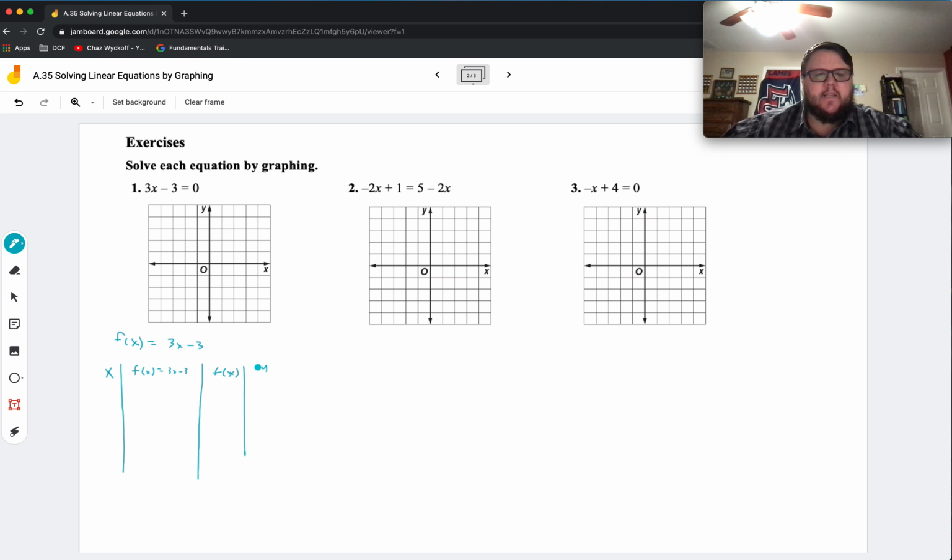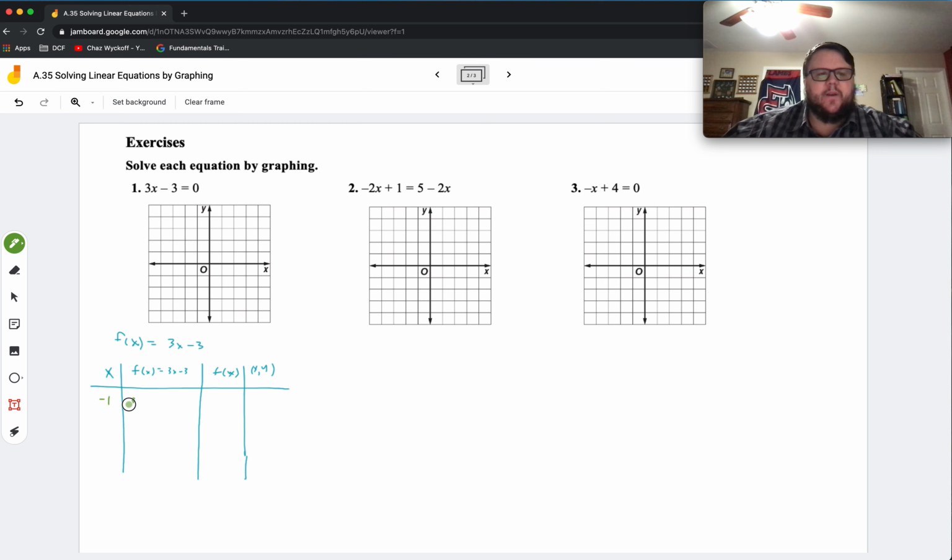That's our x comma y. That's our coordinate point. So let's start off with negative 1.